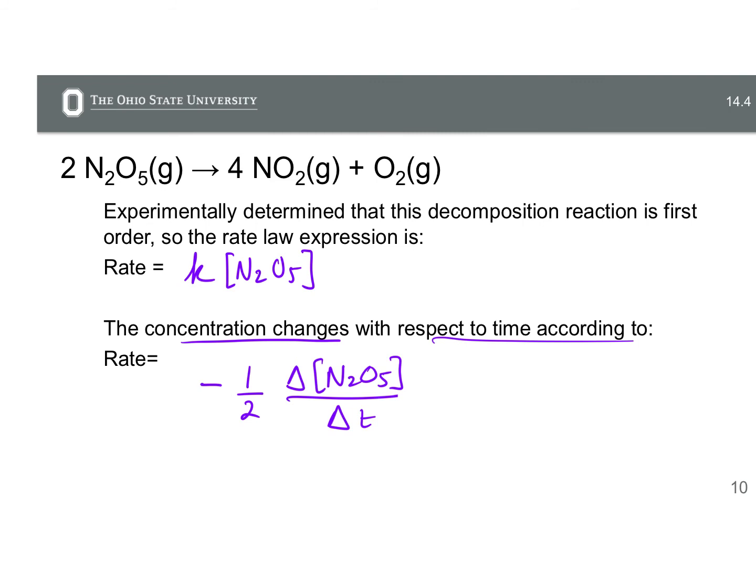Yeah? Why is it negative? It is negative because the concentration is decreasing for that reactant. In the last problem I said, what is the rate of consumption? We report rate values as positive, so I just said ignore the sign. But when writing it like this, I tend to include the sign.